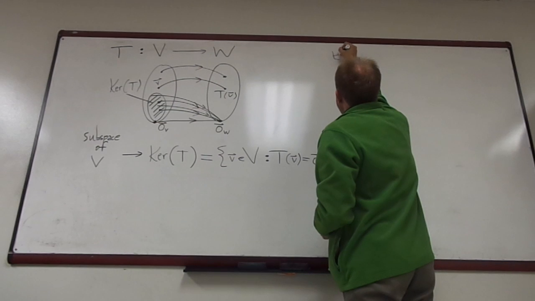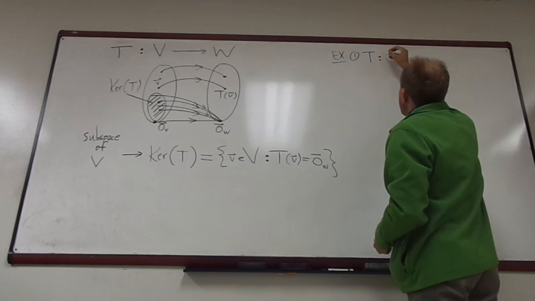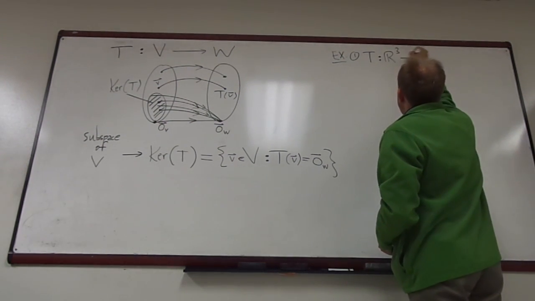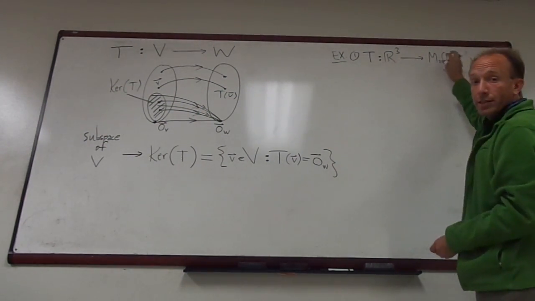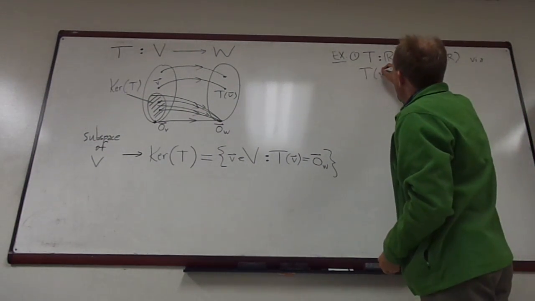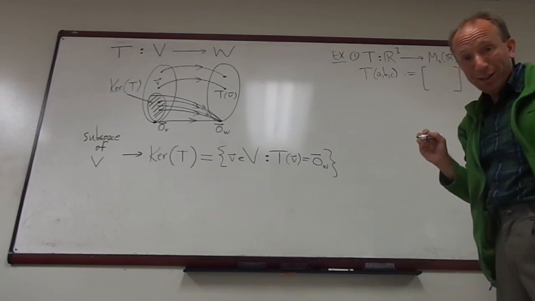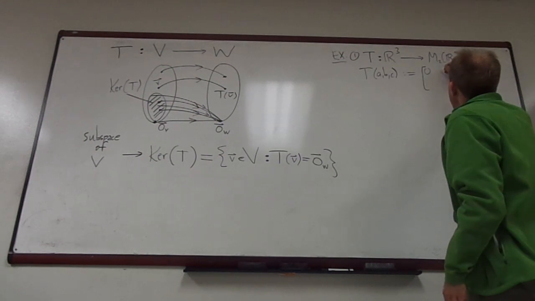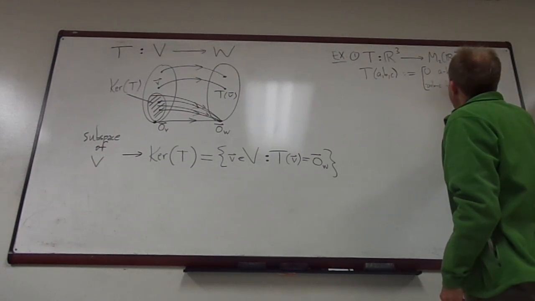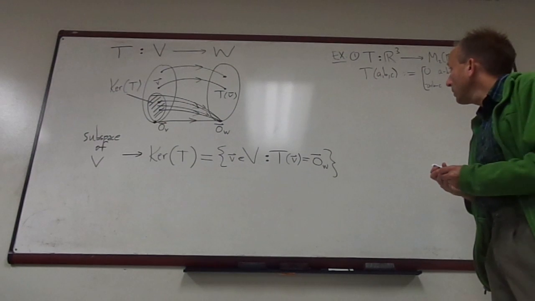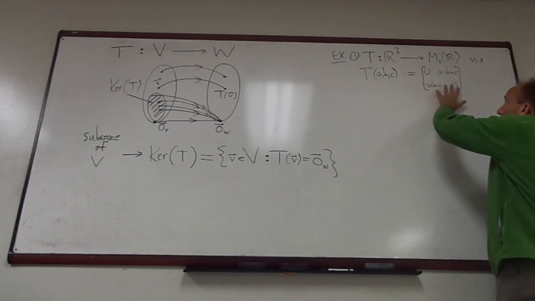Let's say we take T to go from, how about R3 mapping to M2 of R. So this is V and this is W. My function is T of (a, b, c) equals a 2 by 2 matrix as an output: 0 and a minus b plus c on top, and minus a plus b minus c and 0 on the bottom. So I input a 3-tuple in my vector space V and I output these 2 by 2 matrices right here.